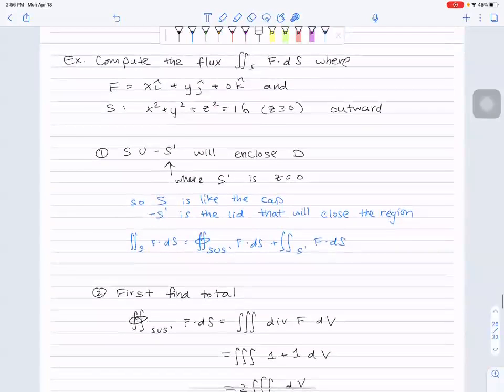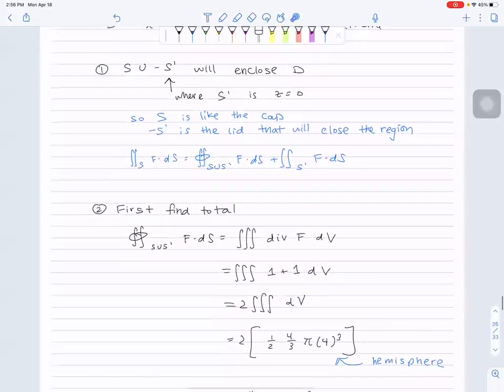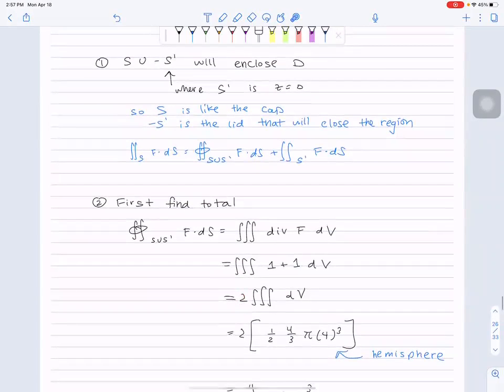Now that it's closed, we can find that integral by using the divergence theorem. The divergence theorem would say that we have the divergence of our vector field, which is 1 plus 1, or 2, triple integral over the volume of our region.